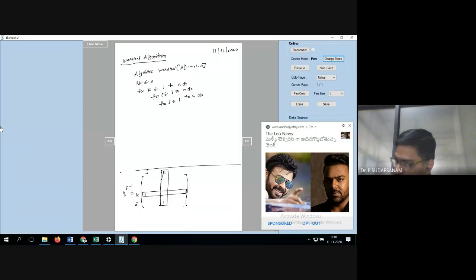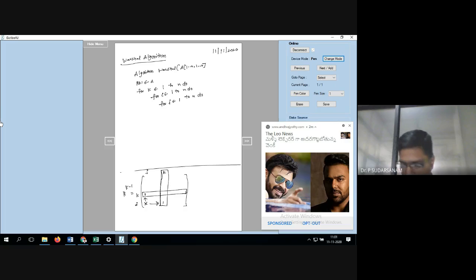So now this value I want to write. What you have to take is the corresponding selected row and corresponding selected column. Just see what you have to do.